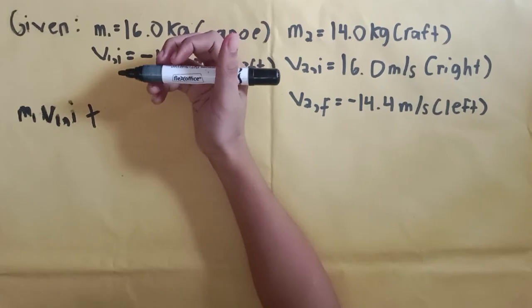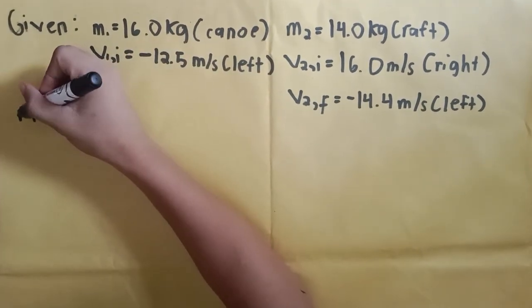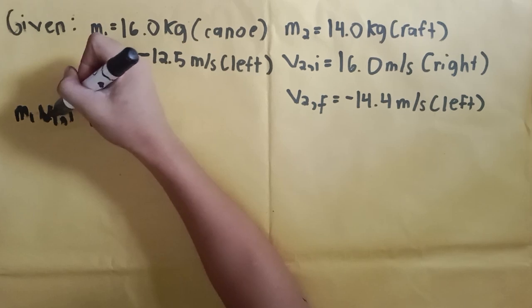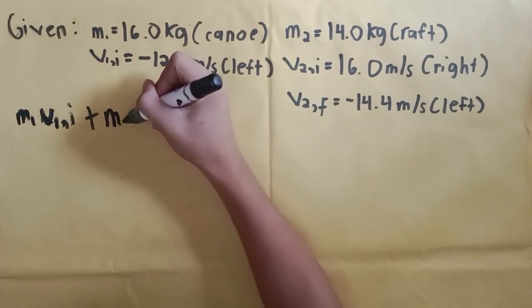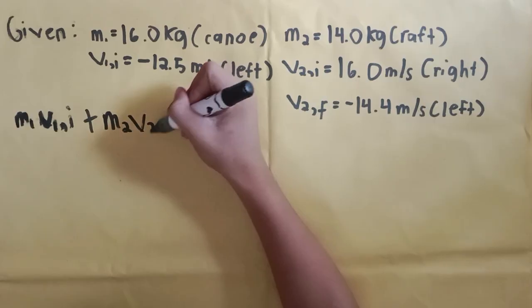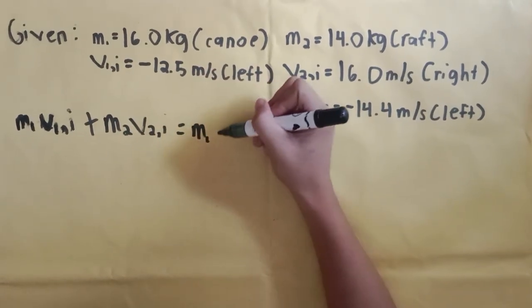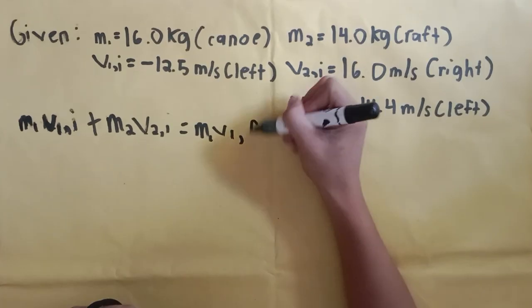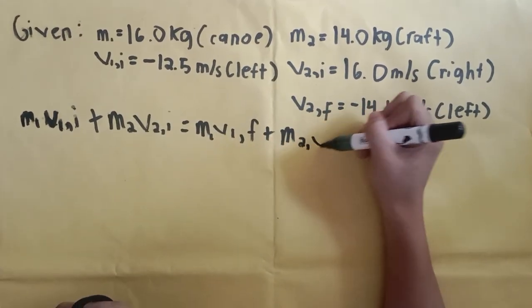So let's rewrite the formula of the elastic collision. The formula is m1 v1i plus m2 v2i is equal to m1 v1f plus m2 v2f.